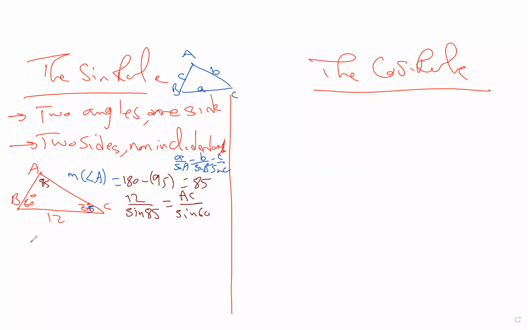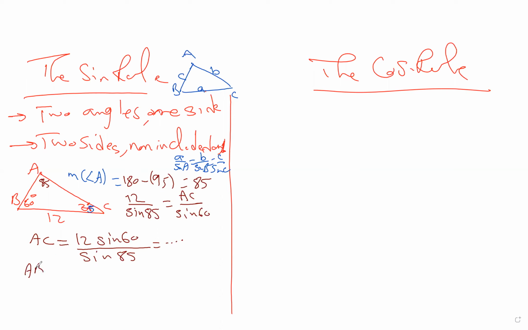And we can find AC by cross multiplication: 12 times sine 60 over sine 85, and you will get AC. And also you can find the length of AB.